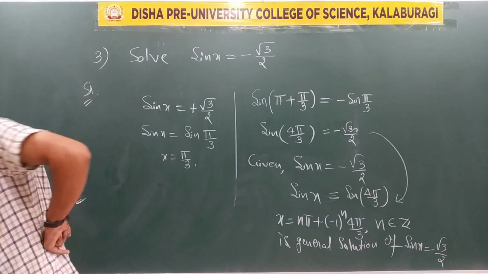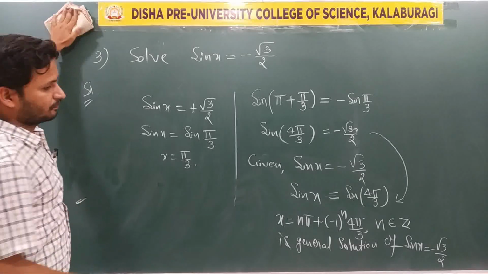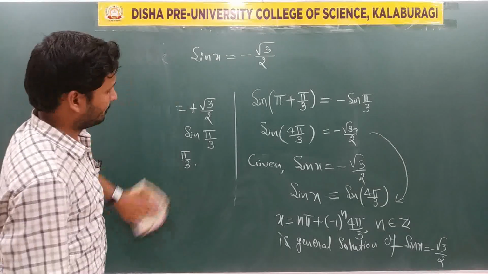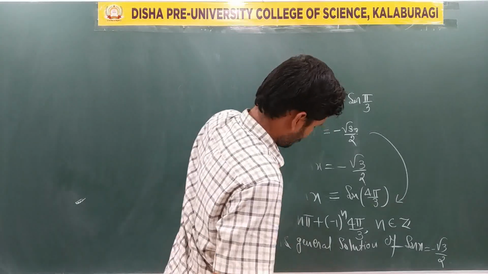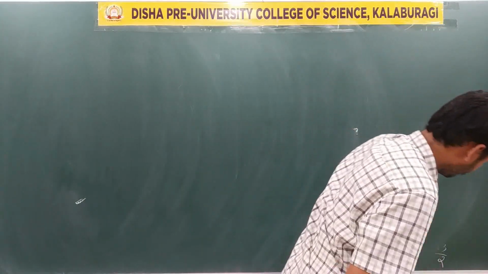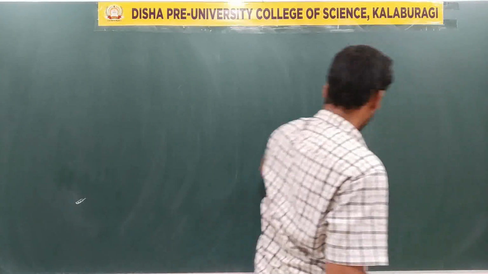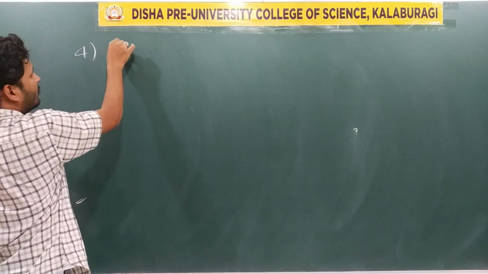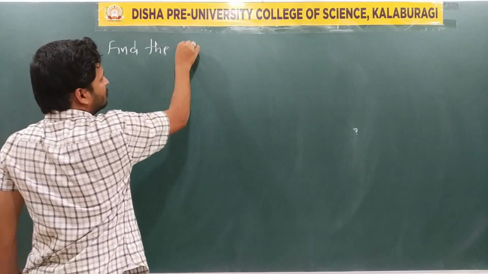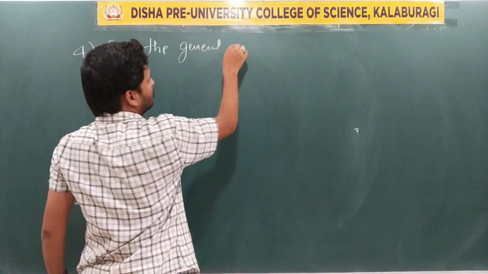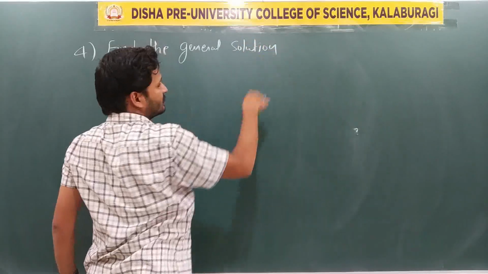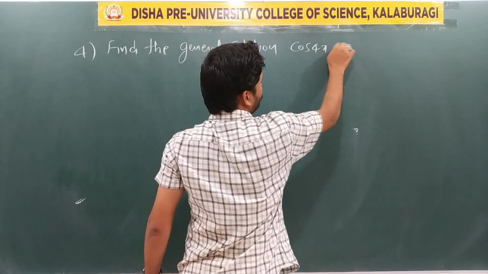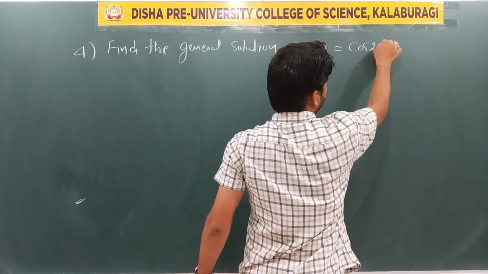And the next one is question number 4. Solve the equation, or find the general solution for the equation cos of 4x equals cos of 2x.